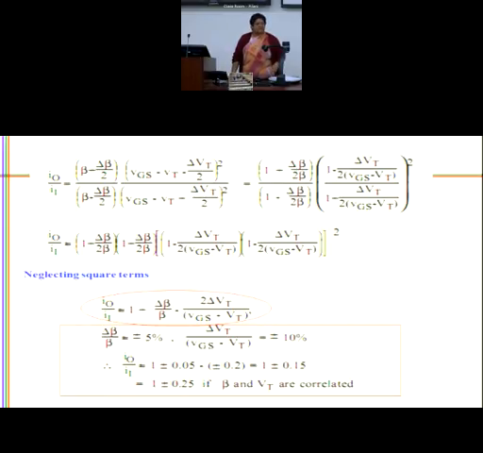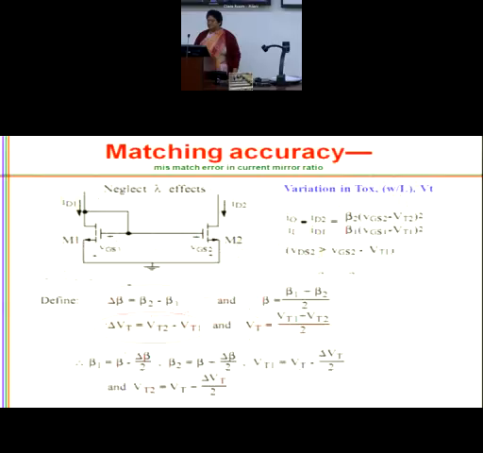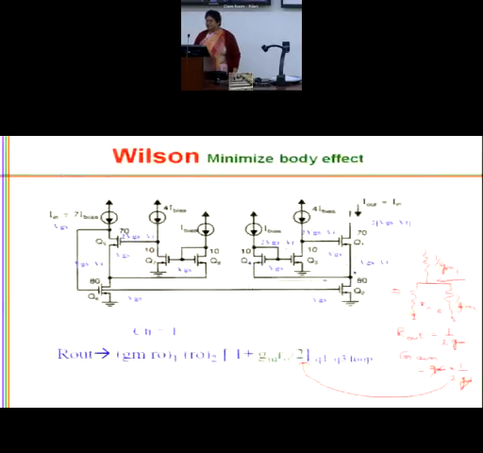Why should lambda have a mismatch? That is why we want to make the two VDS the same. That's the reason in my design I want to make the two drain source potentials the same. Look very carefully. That is why I am so concerned about this VGS minus VT, because this is a VDS, and this VGS minus VT, which is this VDS, they need to be the same.